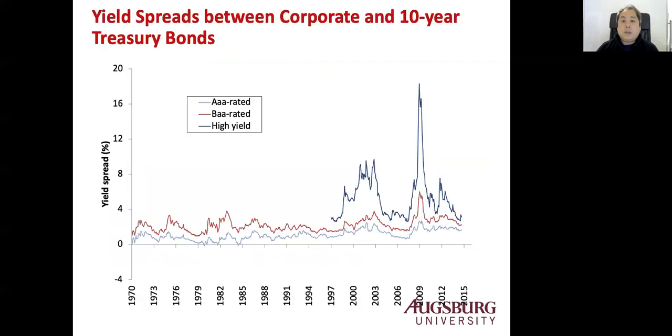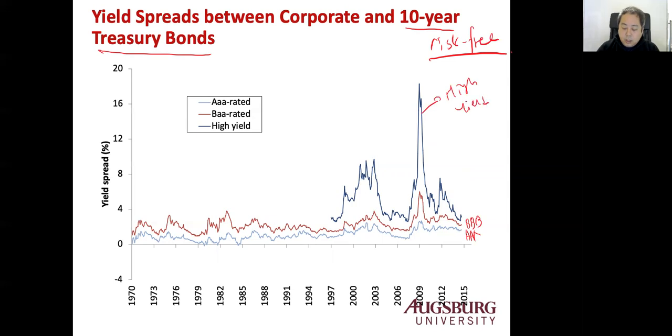This is the yield spread between the corporate 10-year bond and the T-bond. Suppose the T-bond is, I mean, it's not risk-free, but it's very close to risk-free. So suppose the T-bond is a risk-free asset. Now, the lowest is the AAA, the second is BBB, and the last is high yield, so it's a junk bond.